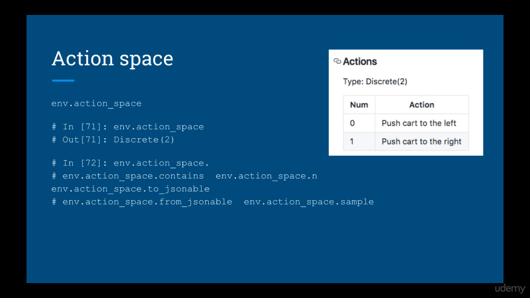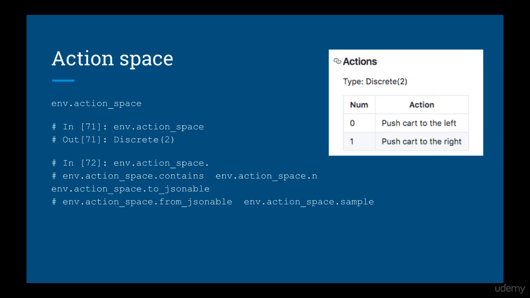While we're doing this, we should look at the action space too, which behaves similarly. If you look at the wiki, you'll see that there are 2 possible actions: push the cart to the left or push the cart to the right. This makes the problem a little easier than the full cart pole problem, where you have to model the force as a continuous variable. In the console, you can type in env.action_space and see that this returns a Discrete object with the parameter 2.